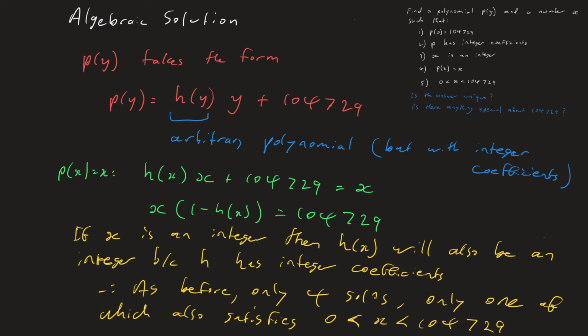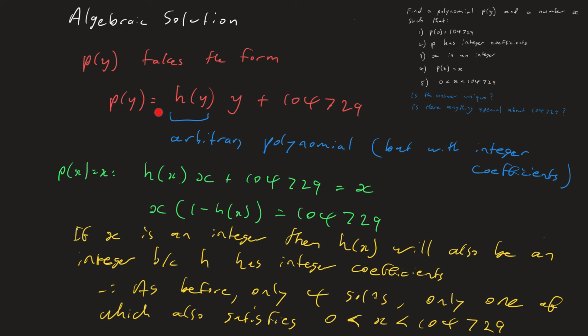Before, we restricted the form of p of y. We said p of y was a constant, couldn't find a solution. Then we said p of y was some number times y plus some other number. We found a solution. Now I want to let p of y be an arbitrary polynomial, but which satisfies the first 2 requirements. And how can I do that?